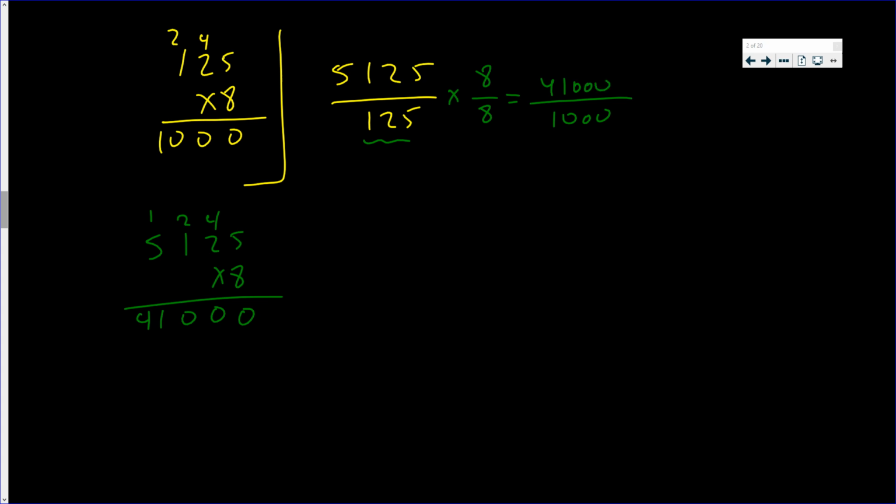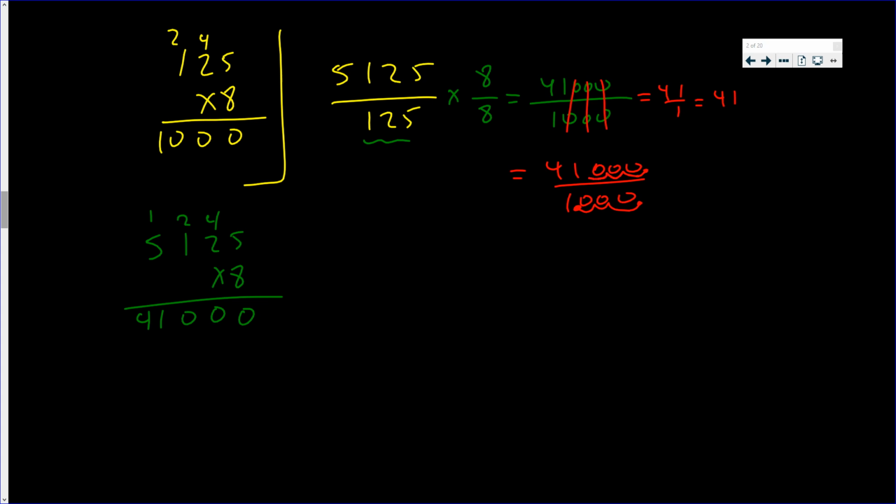Now, you have two choices at this point. You can cross off 0 for 0, and you get 41 over 1, which is 41. Or you have the 41,000 over 1,000, and you move the decimal to the left 3 places.